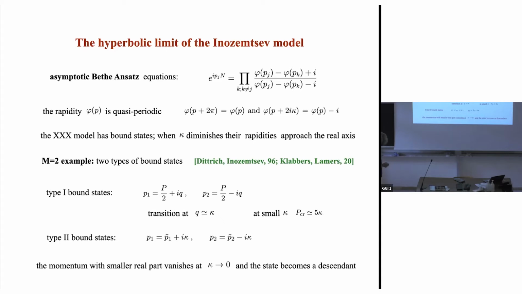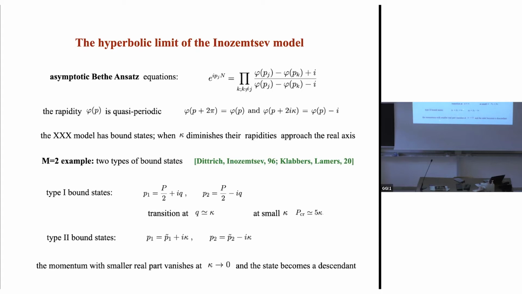If you follow this critical value of P, at small kappa it is of the order of kappa. So you see that at small kappa, one of the real parts is trapped close to P equals 0. One of the momenta vanishes, and the other stays finite.